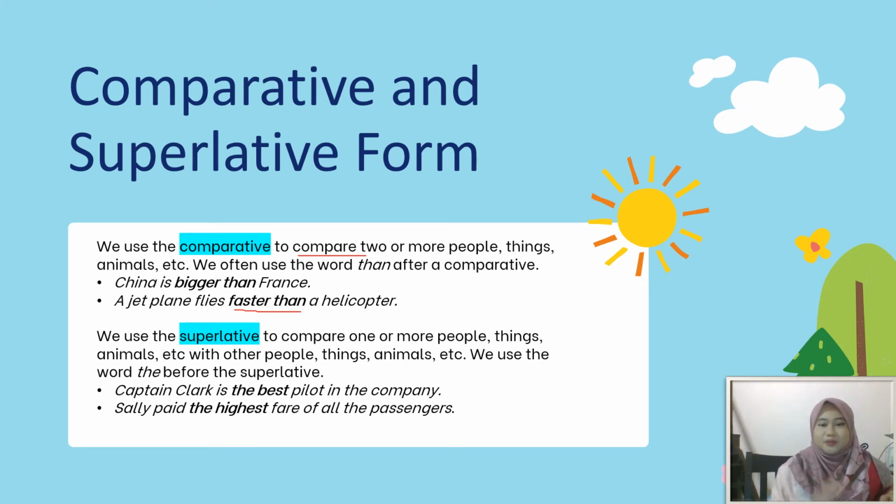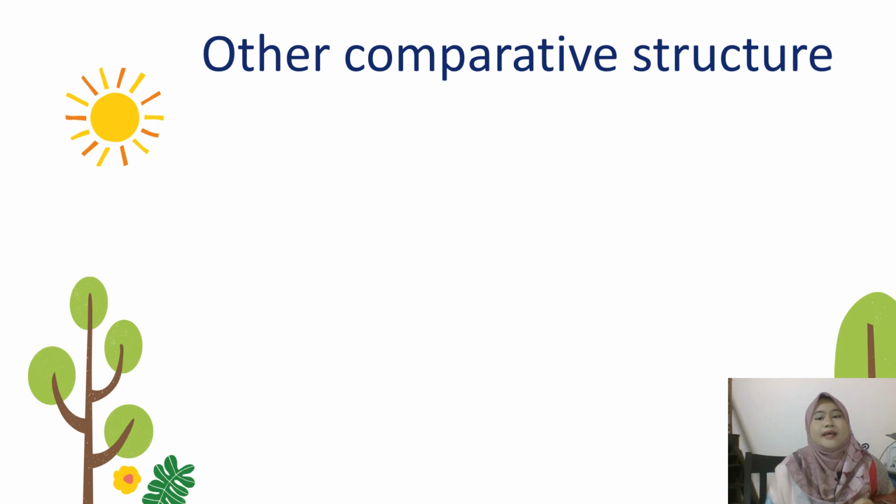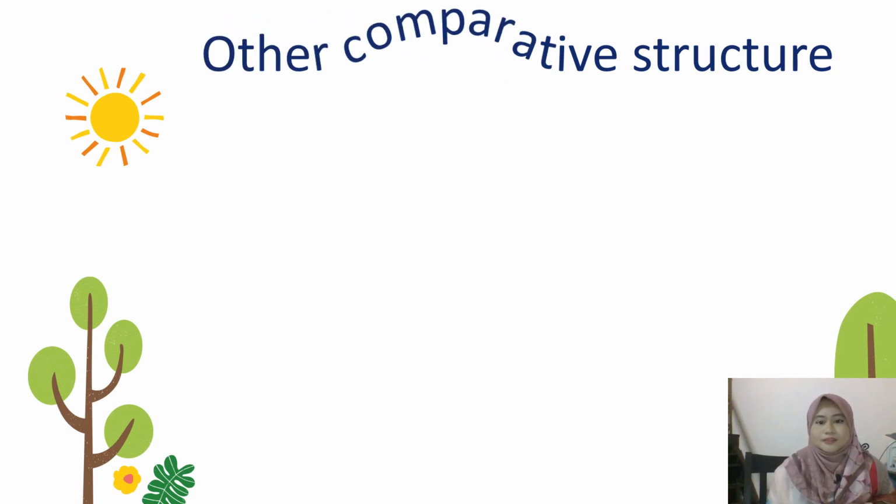So try and do some research and find the list, and please make sure to use the list and memorize them. Okay. All right, so that is superlative and comparative form. Next, there are other comparative structures.